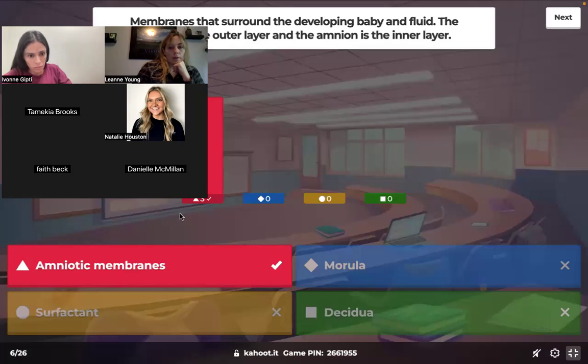Yep, so your amniotic membranes, your amniotic fluid is what's surrounding the baby. And then it has the layers listed here for you. So yeah, just your amniotic membranes.